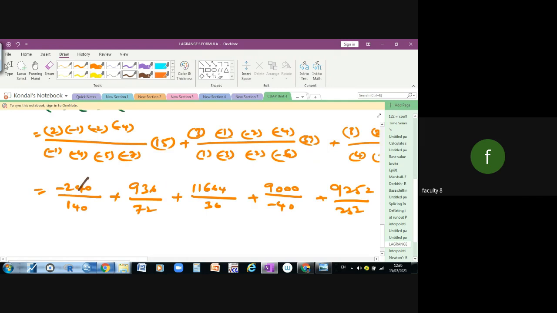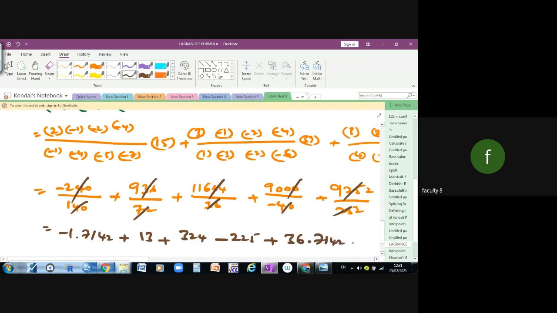So here when you cancel this value, it becomes minus 1.7142, plus 13 if you cancel this value. So here if you cancel this, you will get 324, and here 9,000 divided by minus 40, you will get minus 225, plus, if you cancel this value, 36.7142.